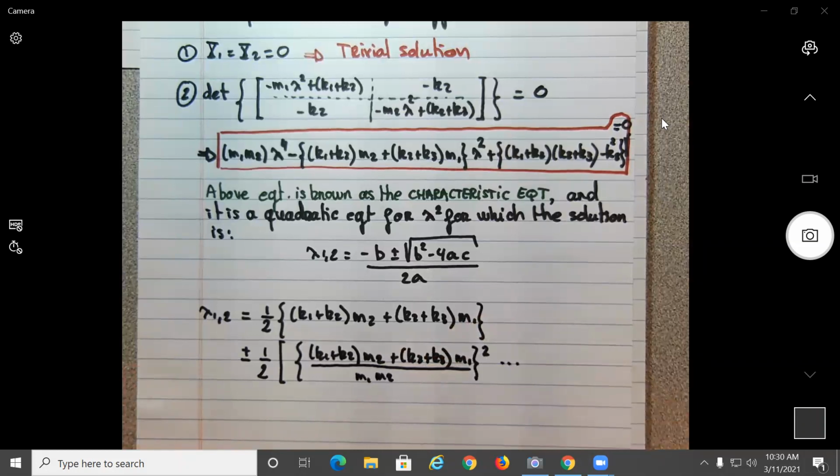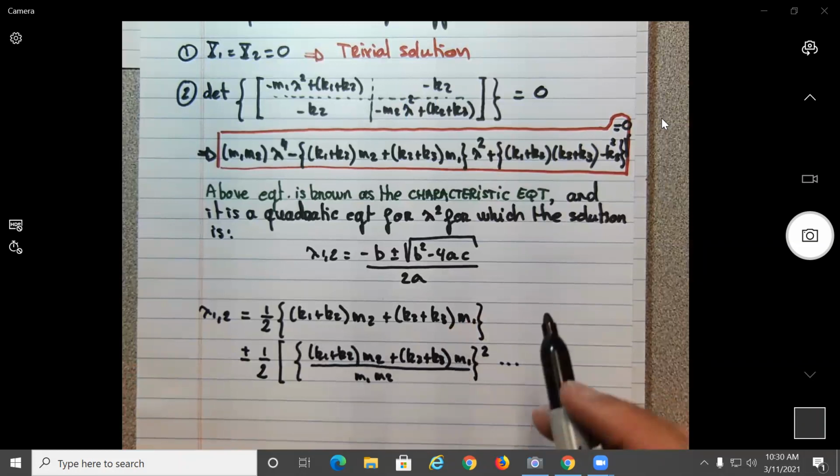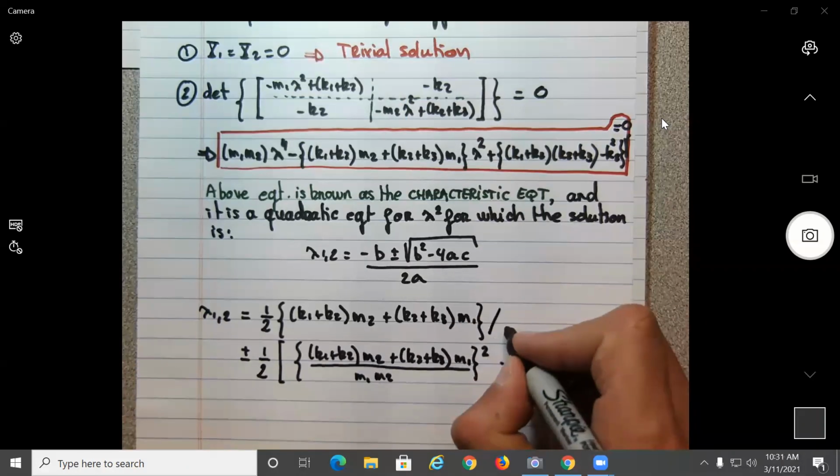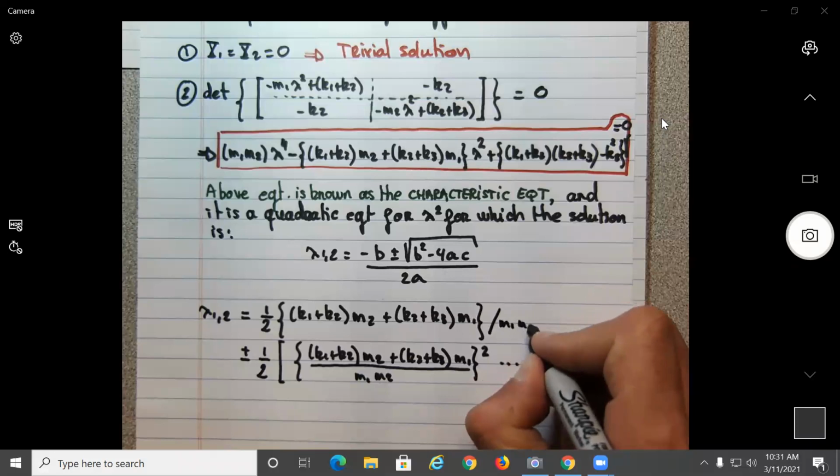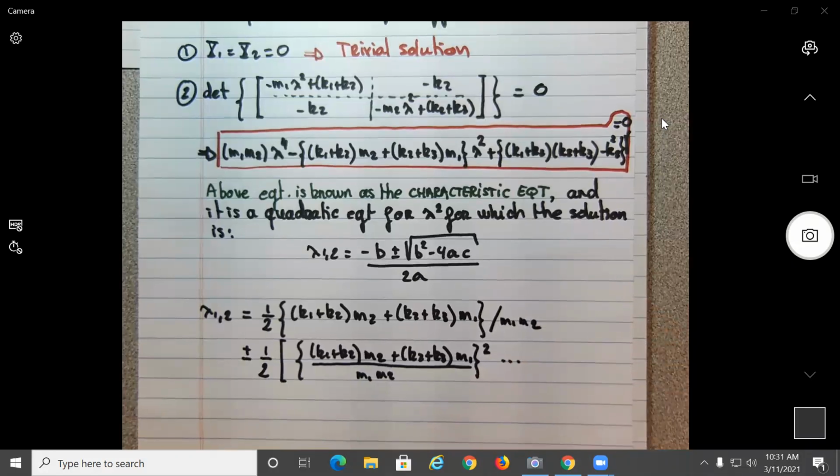I think I forgot a term here. I forgot to put under this one M1 M2, no? Looks like. So let me put right here, divided. I'm going to do it in a different form. M1 M2. Okay, and now would be minus 4AC, minus 4.